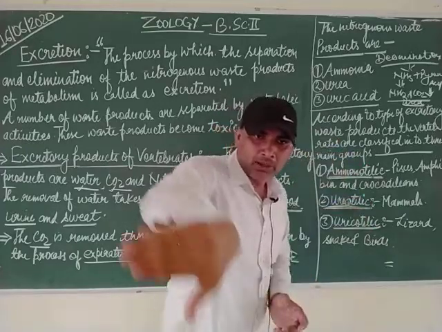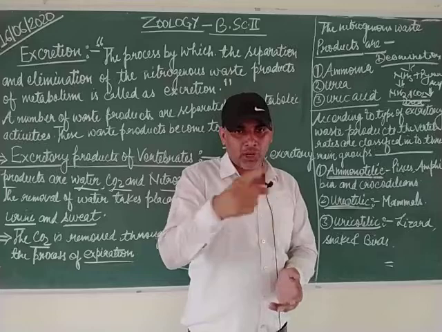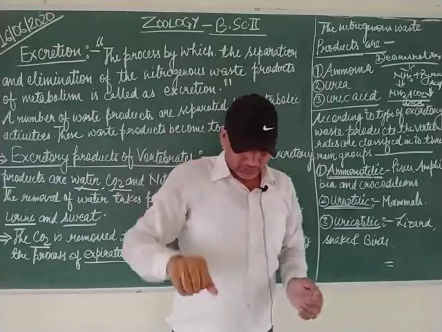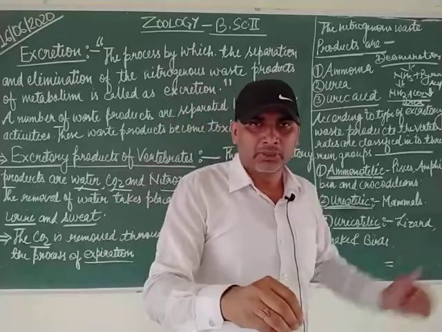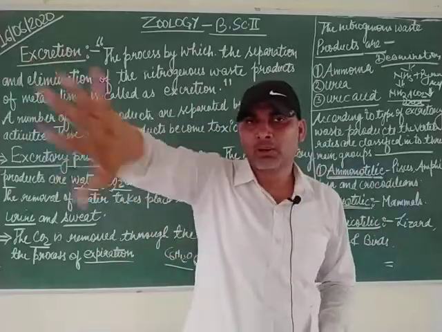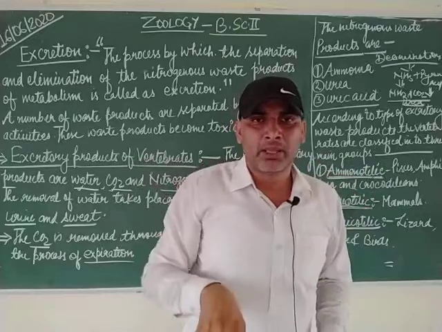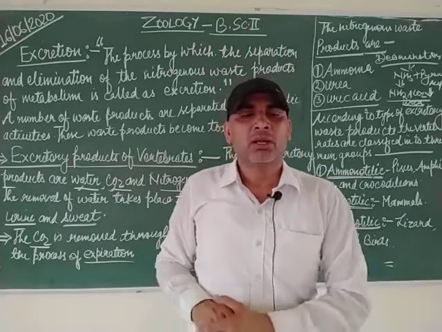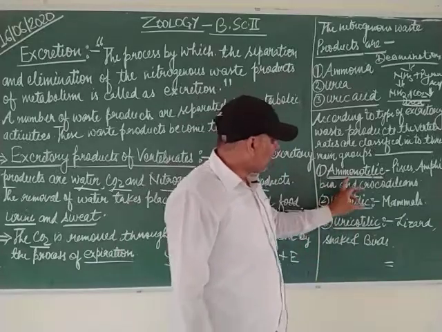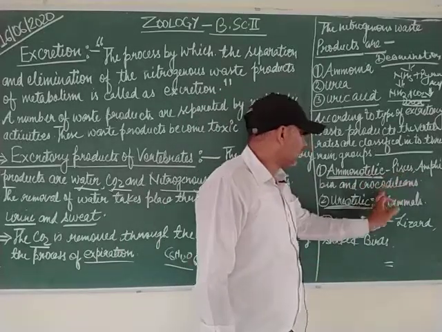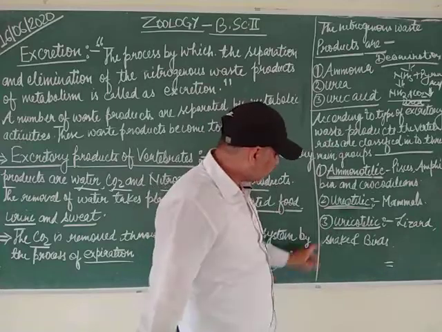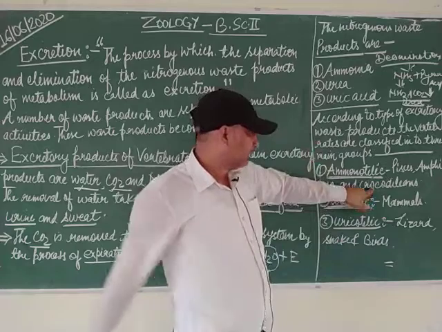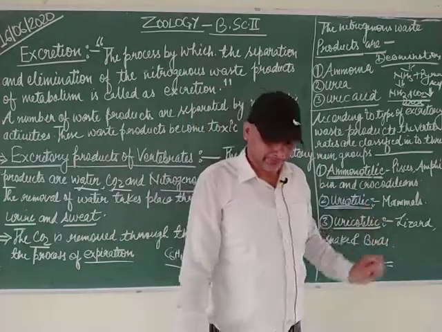Removal of ammonia is essential because it is a highly toxic substance, and these animals are adapted to this mechanism, with water essential for its removal. So the ammonotelic animals are fishes, amphibians and crocodilians. Another group is the ureotelic, which is less toxic.